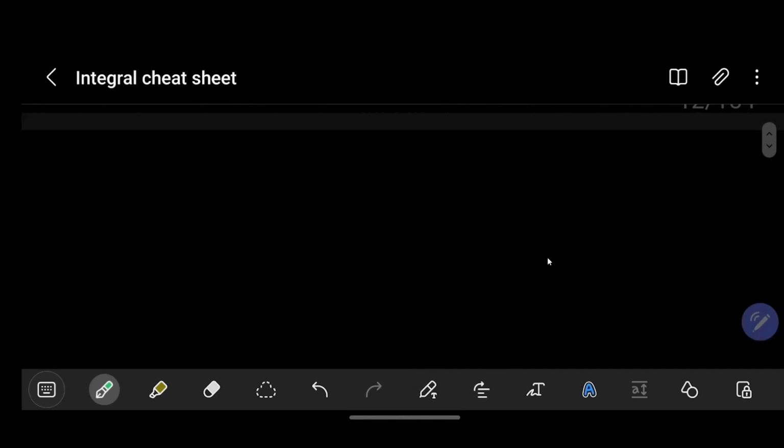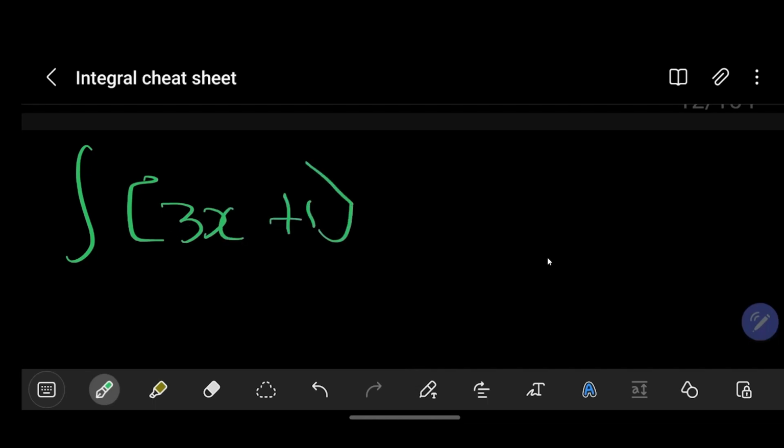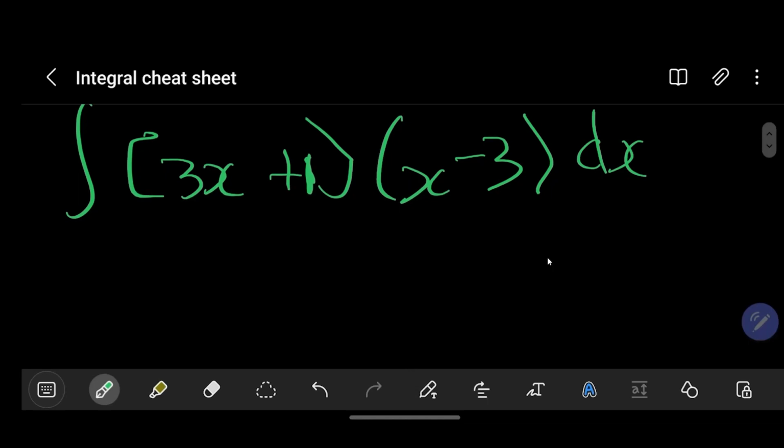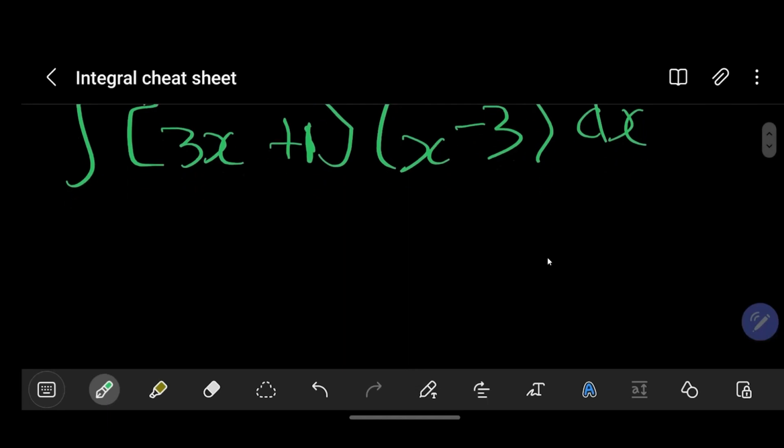So let's look at another one. Let's look at the integral of (3x plus 1) times (x minus 3) dx. Okay, what do you think we need to do here? If you look at the previous problem, we tried to get this into a polynomial. So let's try to take the same approach.